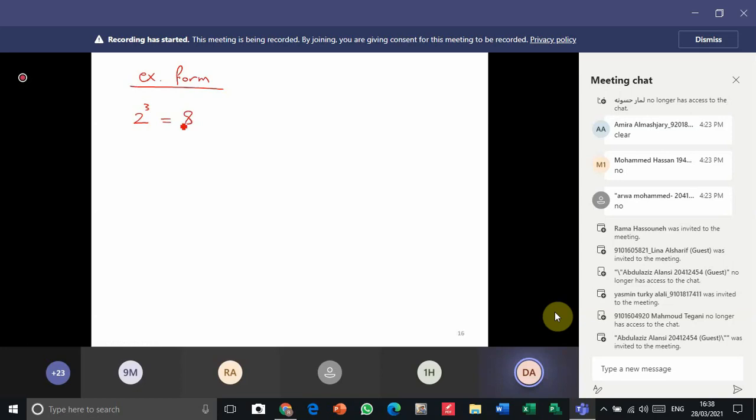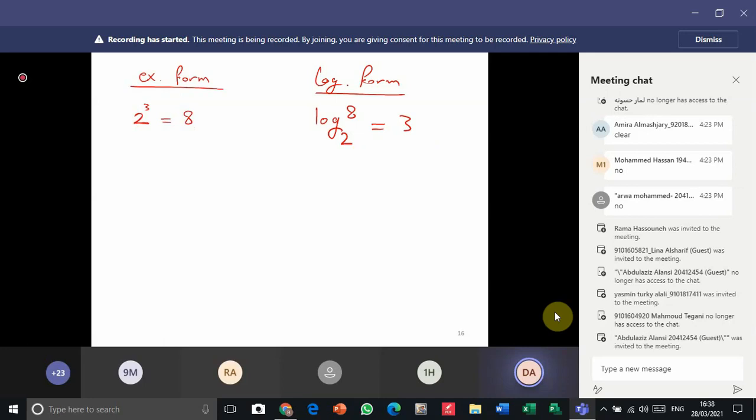If we need to convert this to logarithmic form, this equals logarithm 8, this is the argument, to base... what's the value of base? This is the base, 2. To base 2 equals what? 3. So the value of the logarithm is the exponent, 3.